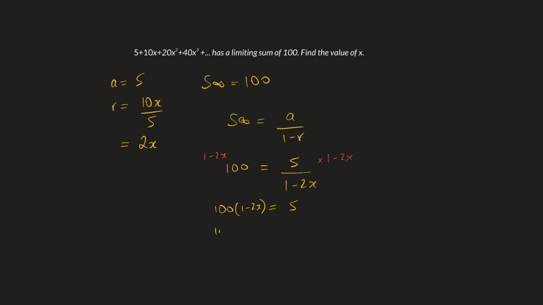Expand that out, I get 100 - 200x is equal to 5. Minus 100 from both sides: negative 200x is equal to negative 95. And finally, divide by negative 200, and that'll work out to be x is equal to 19 over 40.